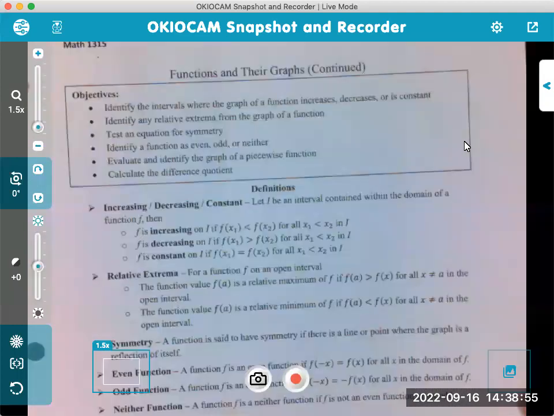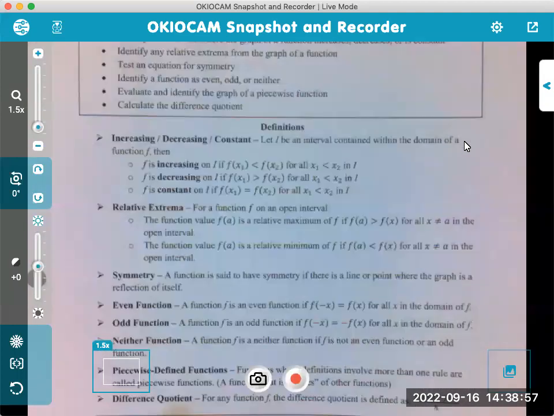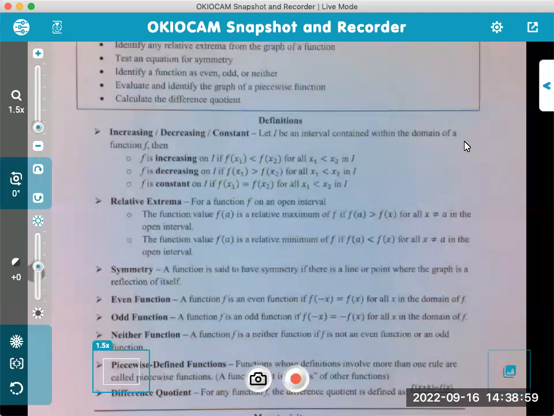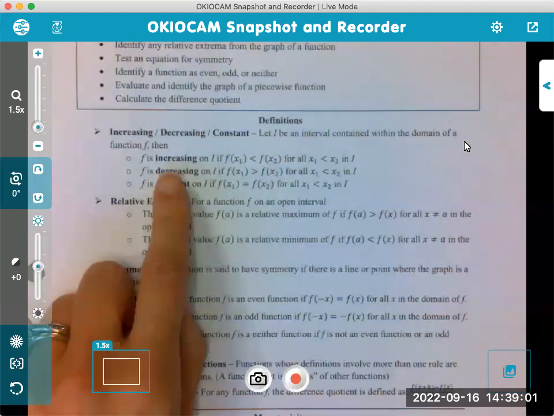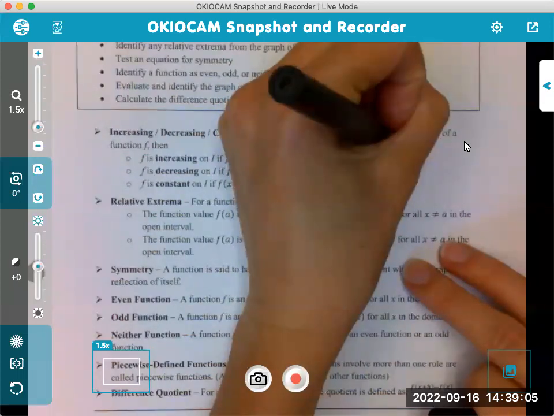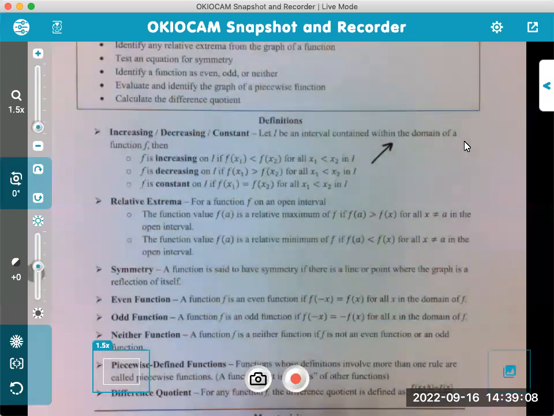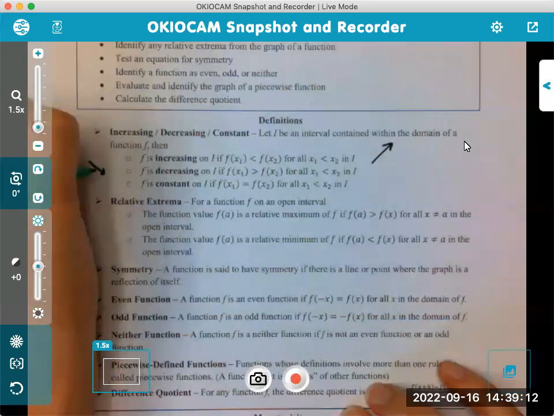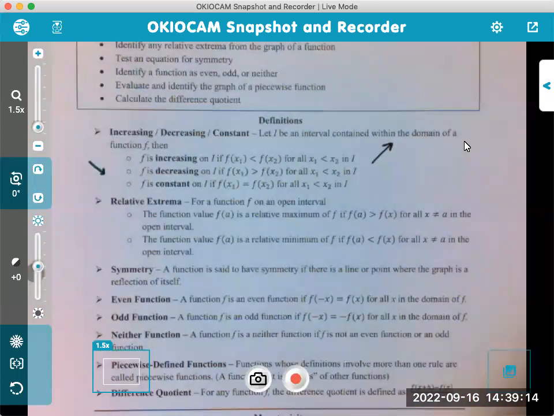So some definitions. We are increasing, decreasing, constant, pretty much what you would probably intuitively think. Increasing if we are going up as we move to the right. Decreasing is our y's are falling, right? Increasing, we're rising. Decreasing, we're falling.